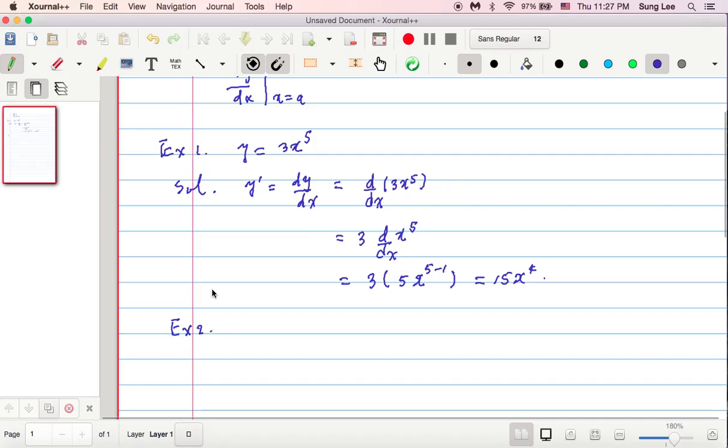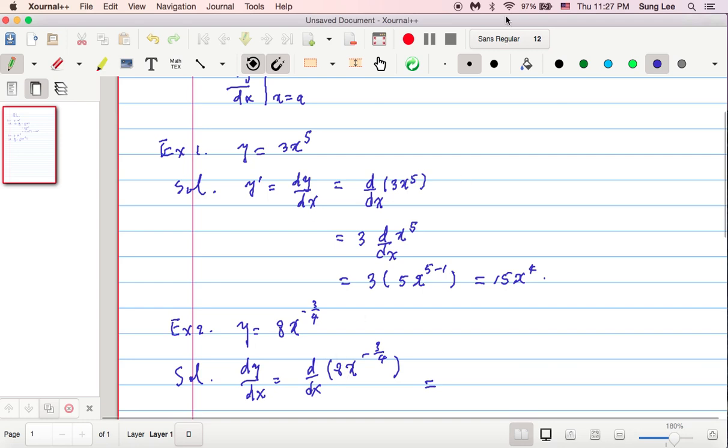So next example, y equals 8 times x to the power negative 3 over 4.